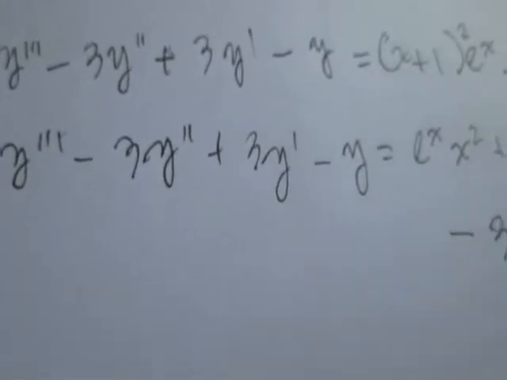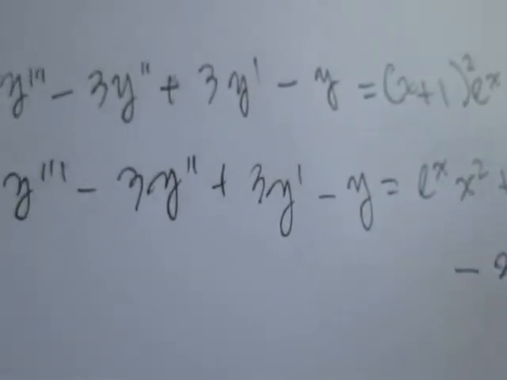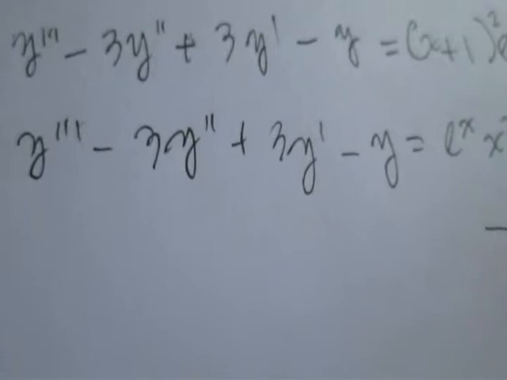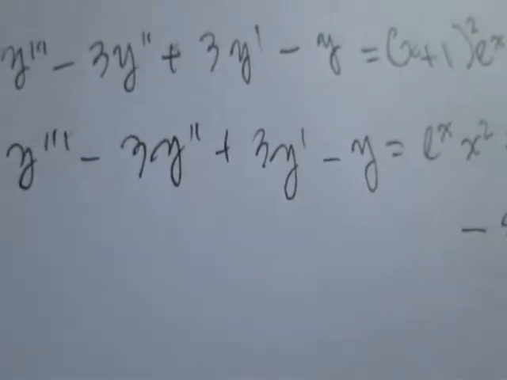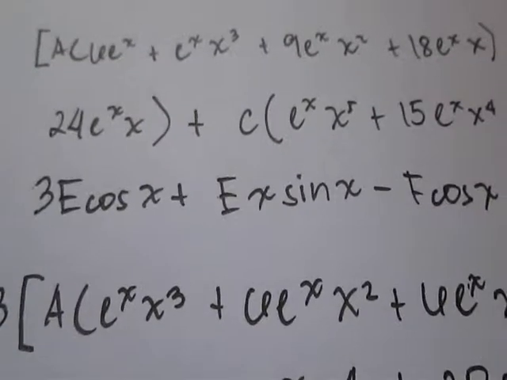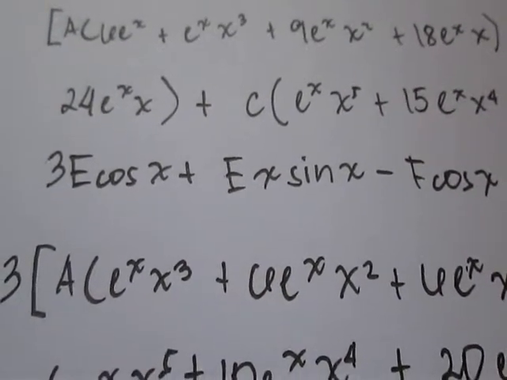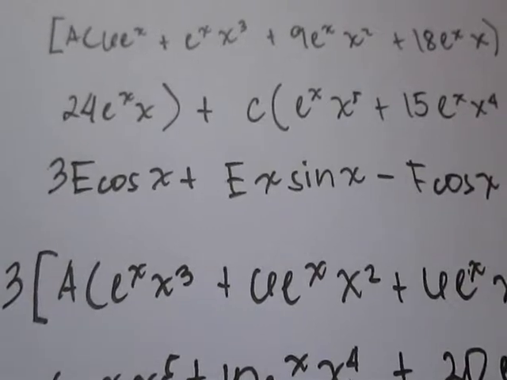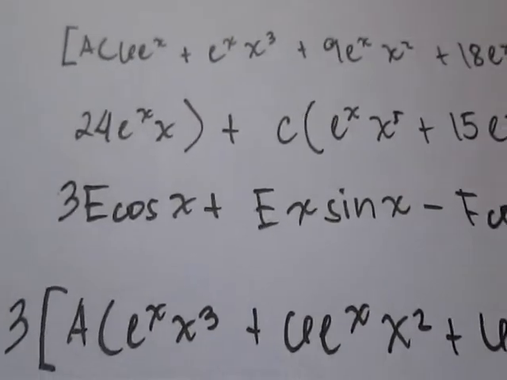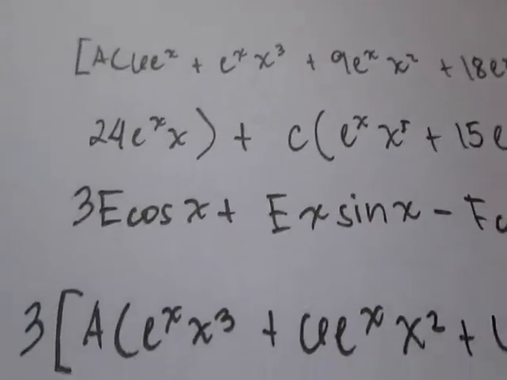In this step, we have to undergo this step in order to get the constants we have, which is a, b, c, d, e, f, and g. Substituting the value of first derivative, second derivative, third derivative to our equation, we have this.